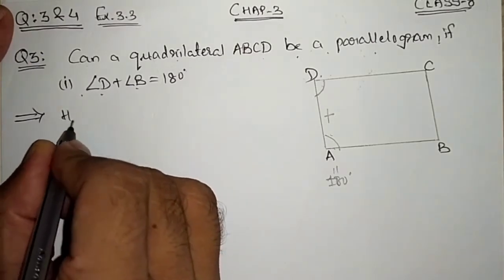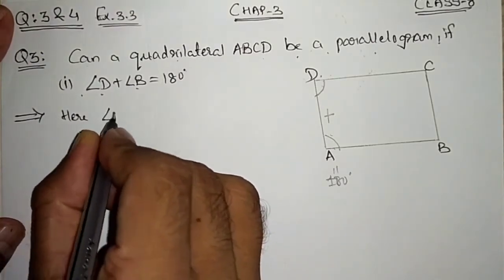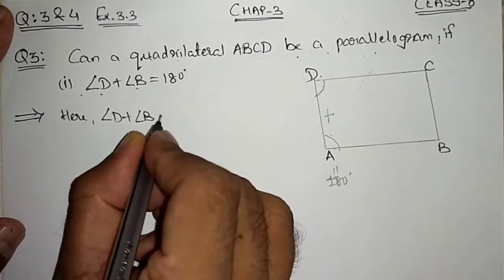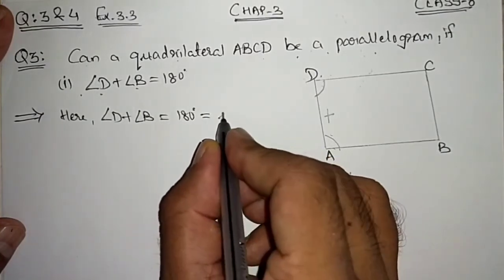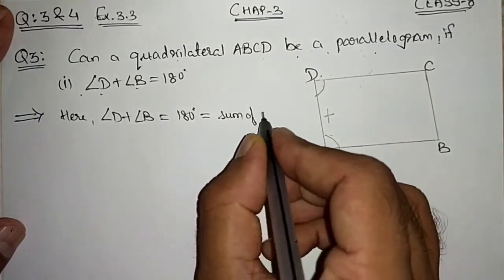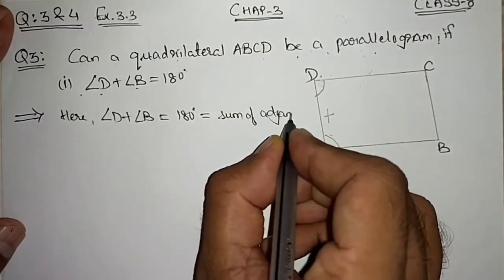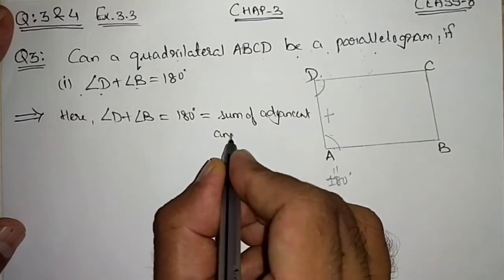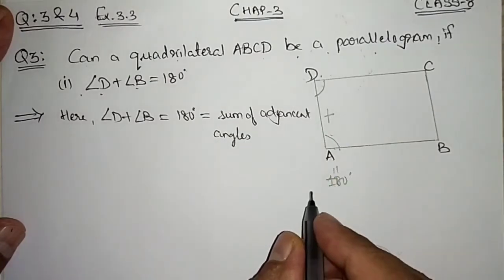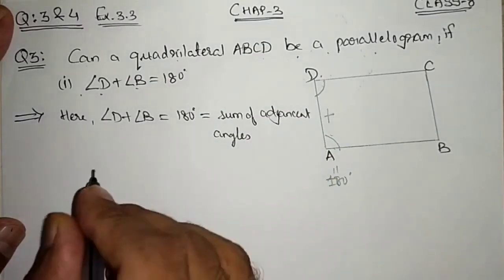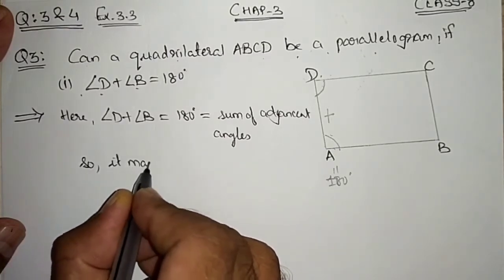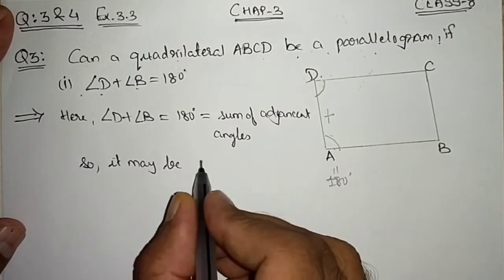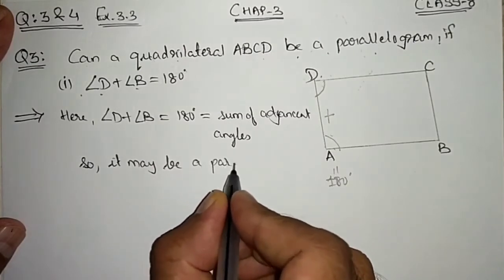So we will write here angle D plus angle B is equal to 180 degrees, which is equal to the sum of adjacent angles. So it may be a parallelogram.